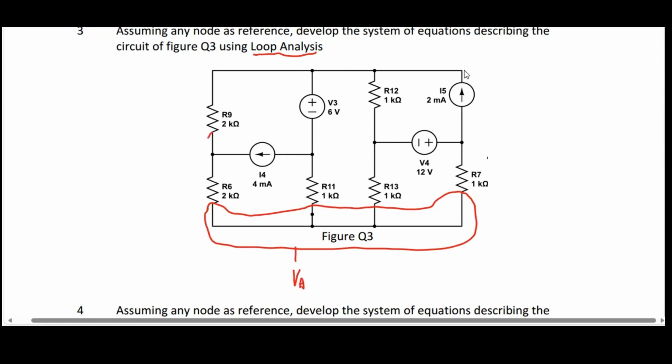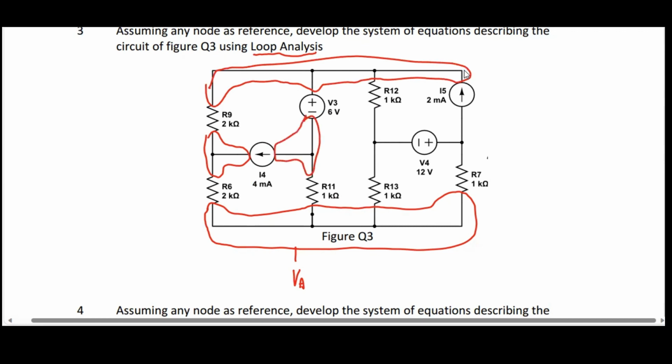It's the same calculations. So there's a node here, there's a node, all this is a node. Here I have a node, here I have a node, here I have a node. I think that's all, 1, 2, 3, 4, 5, 6.